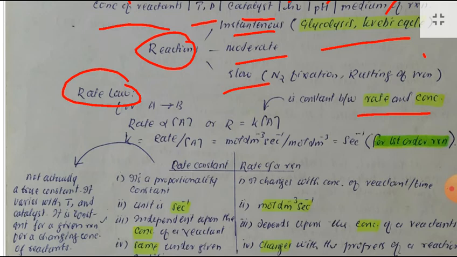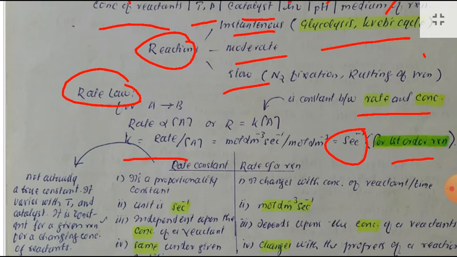This rate law equation can be rearranged, and we can use our earlier units. So the rate constant unit will be second inverse for a first order reaction. It is important to note that the unit for the rate constant depends upon the order of a chemical reaction.